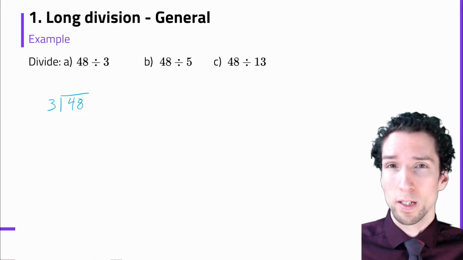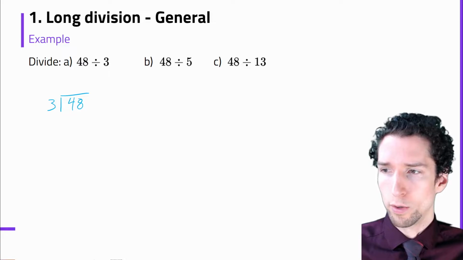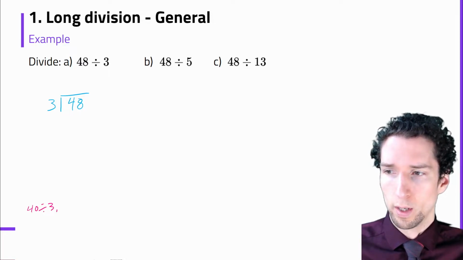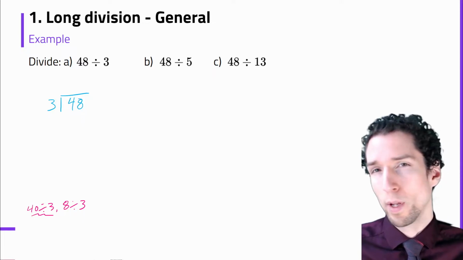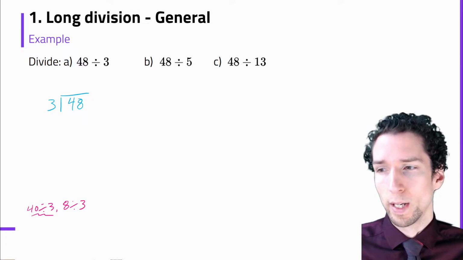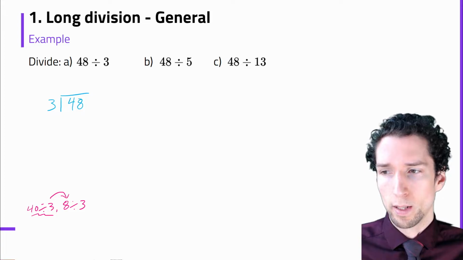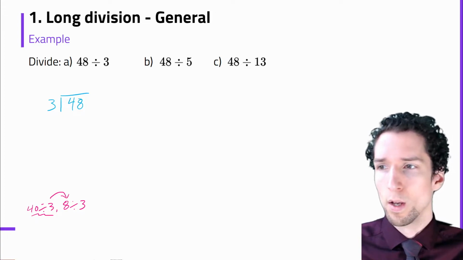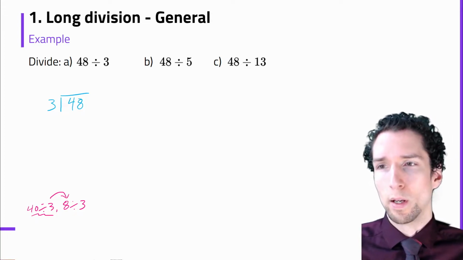We're basically splitting this up into separate problems: 40 divided by 3, and then also 8 divided by 3. But if 40 divided by 3 doesn't go cleanly, we have to take the leftovers of that and put them into this one as well. That's basically what's happening underneath.